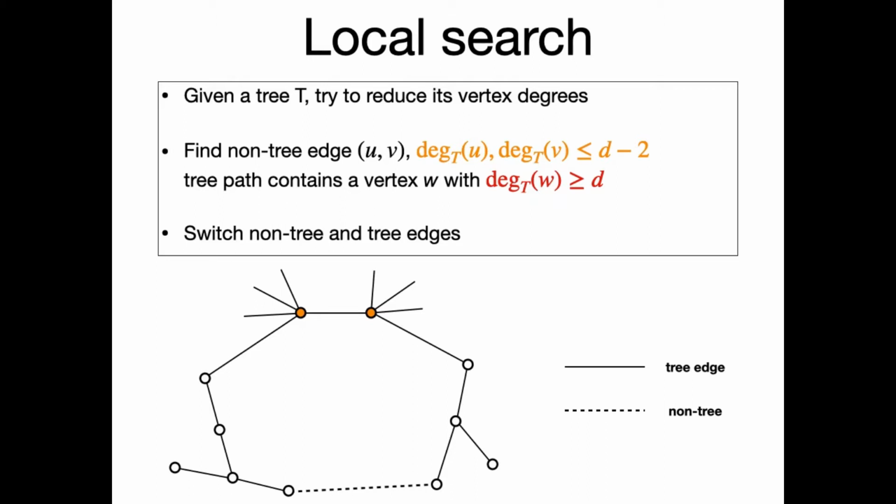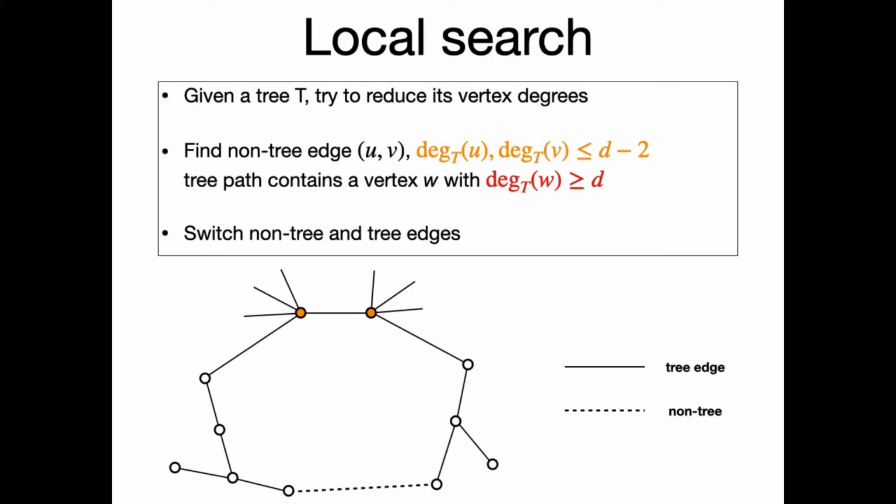If we find a non-tree edge uv such that both degrees are less than or equal to d minus 2, plus the tree path contains a vertex with a high degree. Here, integer d is a parameter used by the algorithm.